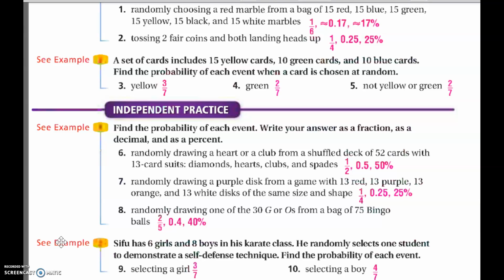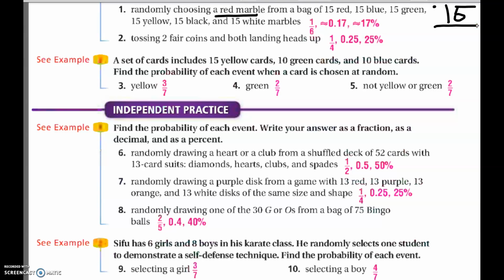Okay, so first we're going to start off by going over the homework from the last time we met. It was 1 through 10. Number 1 asks you to find the probability of choosing a red marble. If I have a bag that's 15 red, 15 blue, 15 green, etc., and it's asking about red, you put how many there are red in the numerator, which is 15, and how many there are total in the denominator.